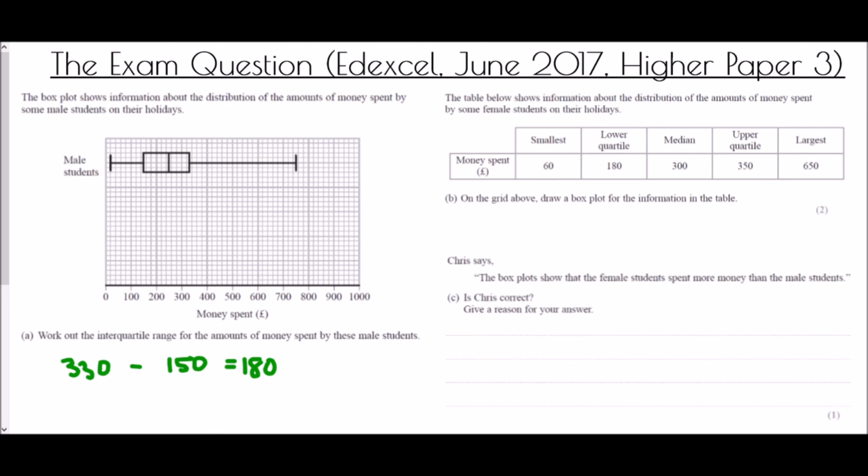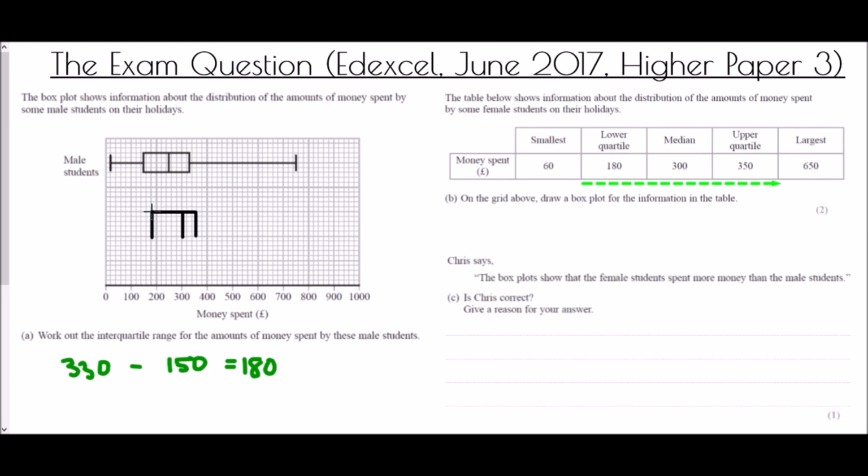So again, I'm going to begin in the central section, the lower quartile, the median and the upper quartile. In this case, it isn't one of those trick questions. They have just given us directly all the values we need. And so anywhere on here that we like, we can start drawing our picture. So 180, there's my first line, 300, there's my second line, and 350, there's my third line.